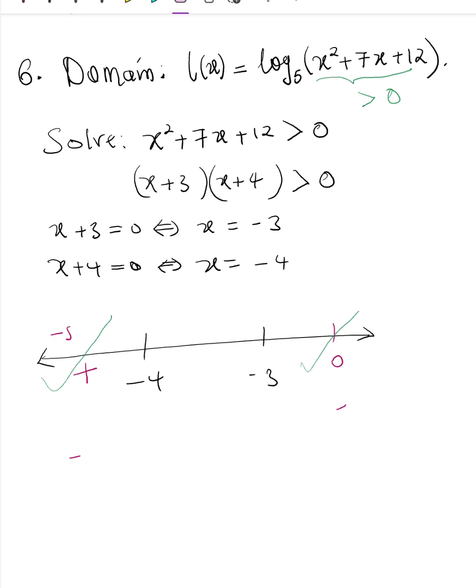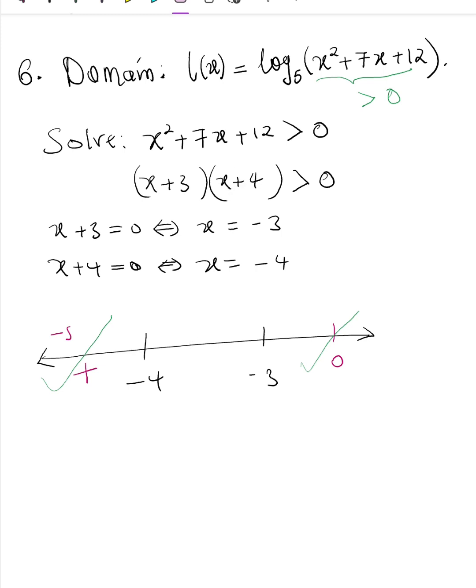However, if I pick a number between negative 4 and negative 3, say negative 3.5, you can see negative 3.5 plus 3 is negative, but negative 3.5 plus 4 is positive.